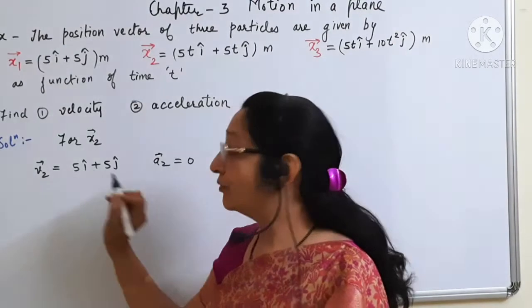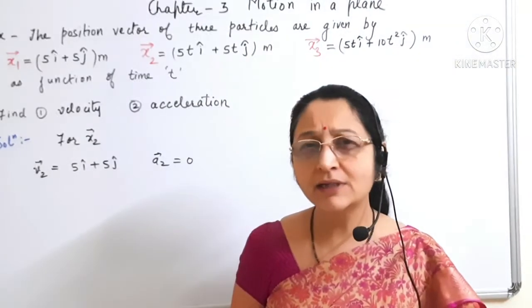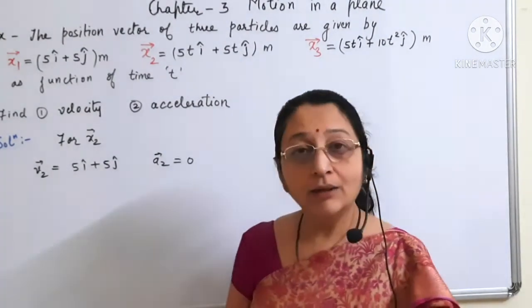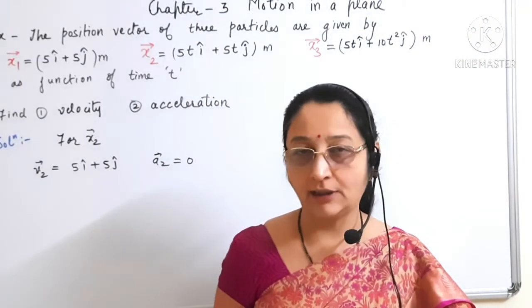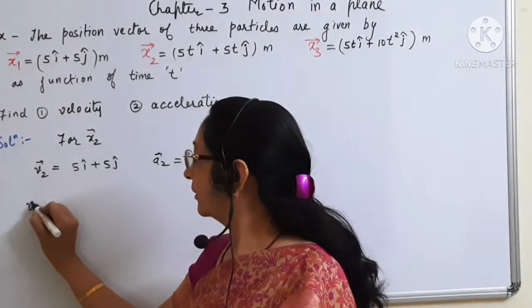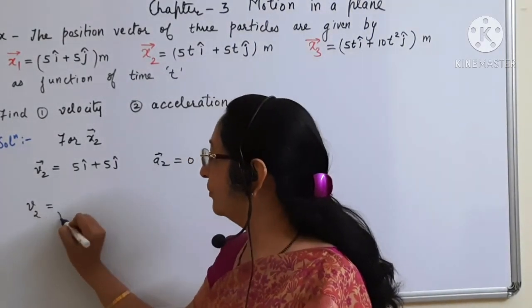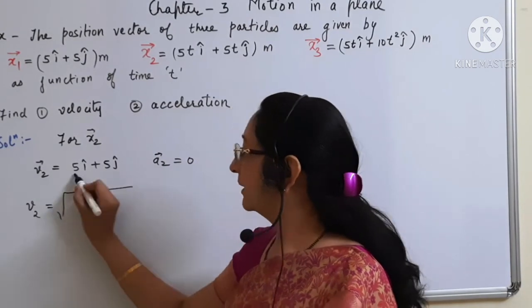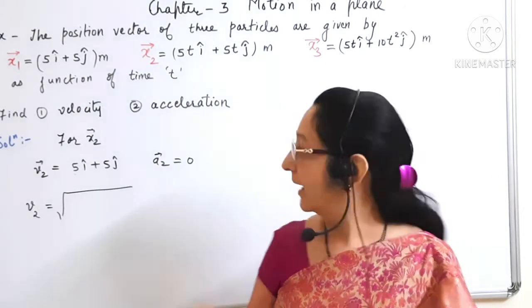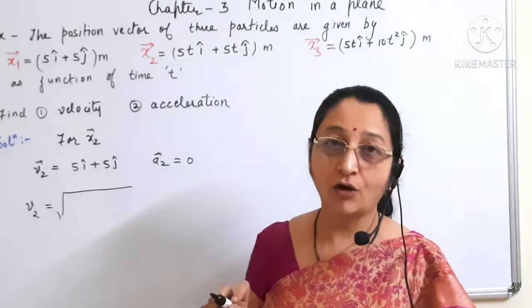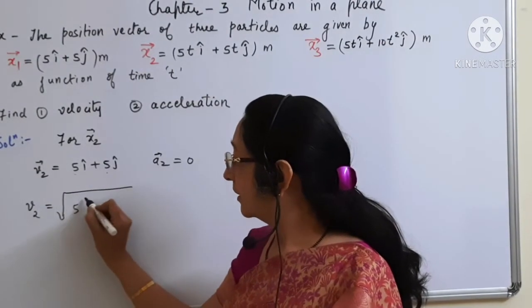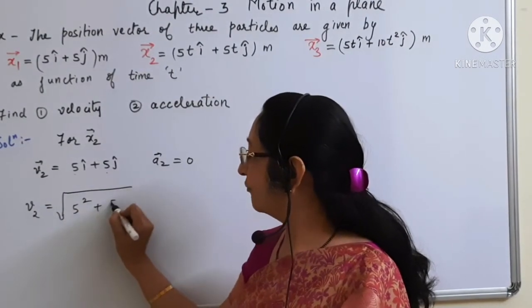magnitude? The magnitude कोणत्याही वेक्टरचा magnitude आपण कसा फाइंड करतो? तर त्याचे जे आय जे के चे जे कंपोनंट्स असतात त्याचे जे कोइफिशियंट असतात त्याचा आपण स्क्वेअर करतो, त्यांना ॲड करतो आणि त्याचा रूट घेतो. सो V2, magnitude of V2 is under root of this 5 is the coefficient of I and this 5 is the coefficient of J. So we take this 5 square plus 5 square.